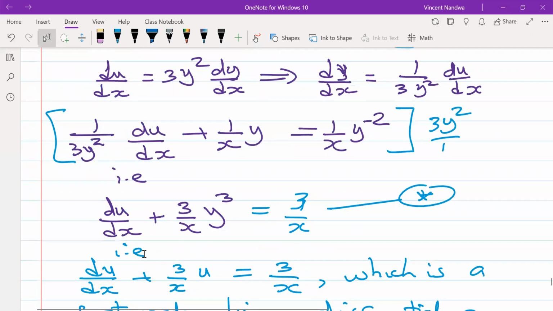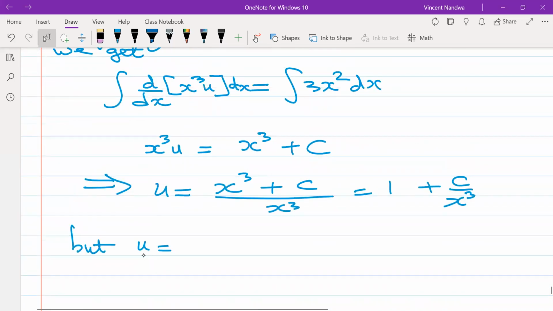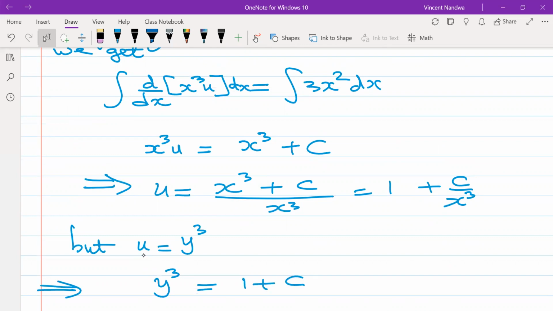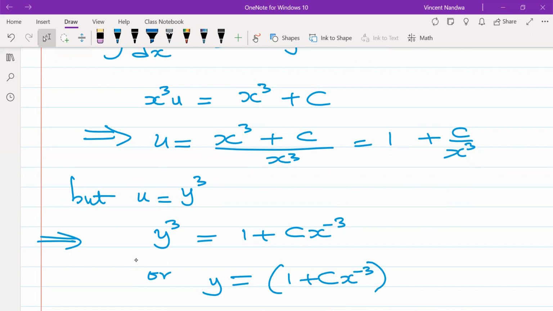Its value is the same as y power 3. So therefore, we'll have y power 3 is equals to 1 plus c x power minus 3, just writing this form. Or we can say y is cube root of this right-hand side. So this is the solution to that given differential equation.